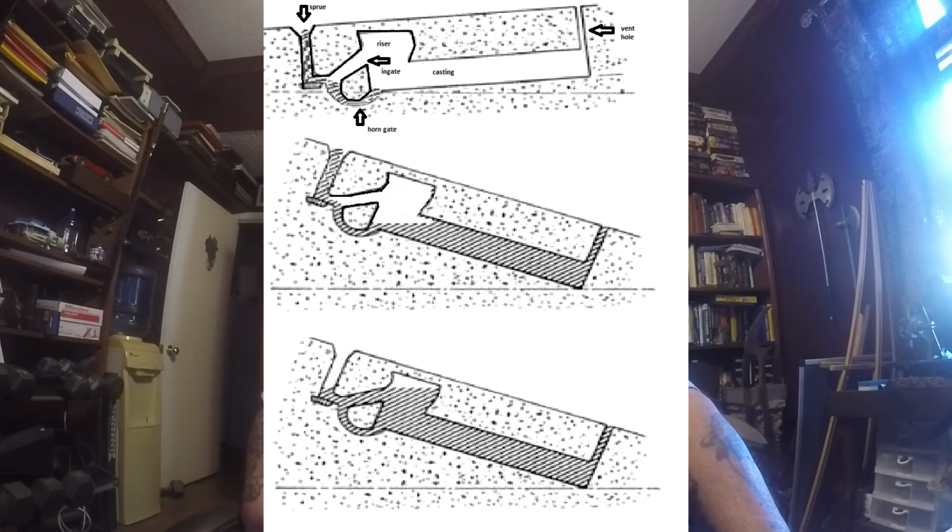Now, I've seen several different types of mold manipulation. I've seen one type where they did almost everything that they normally did. They poured it and all that, and then put a plug inside the sprue and flipped it over 180 degrees.